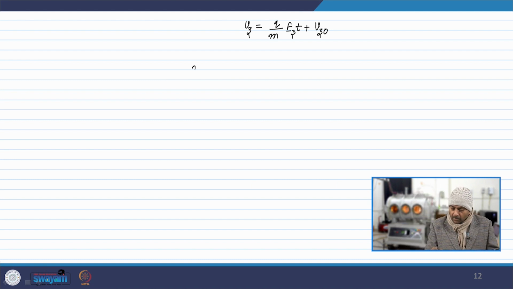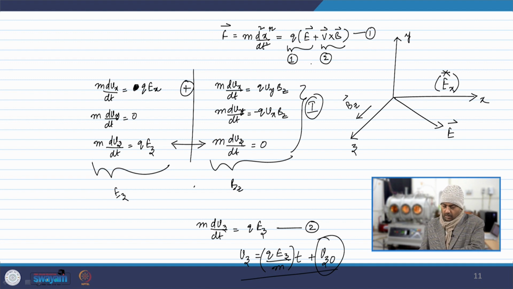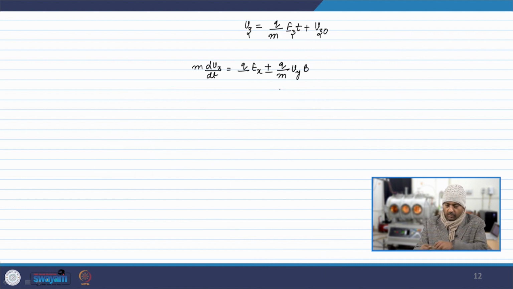So, we will write m dVx by dt is q Ex plus minus q by m Vy B. That is what we have here, right: dVx by dt, q by m Vy Bz and q by m Ex. Now, if I have written q by m for the magnetic field part, I should remove it here and write it like this.